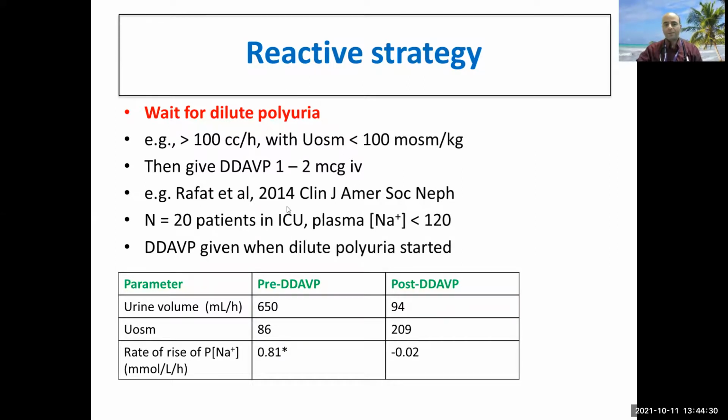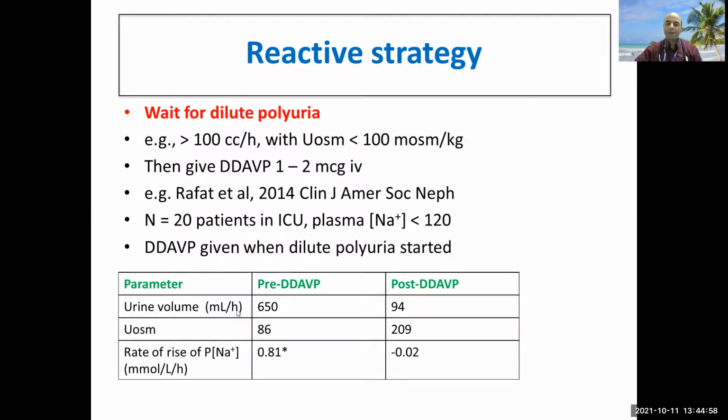We observe this in Rabat et al., 2014, Clinical Journal of the American Society of Nephrology. Around 20 patients in the ICU with plasma sodium less than 120. DDAVP was given when diluted polyuria started. When the urine started to be diluted, they started to give reactive DDAVP. The parameters were urine volume, pre-DDAVP and post-DDAVP.